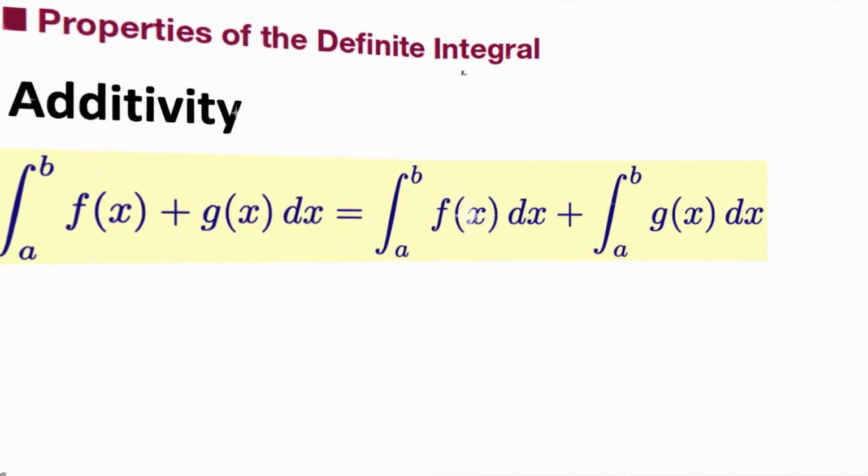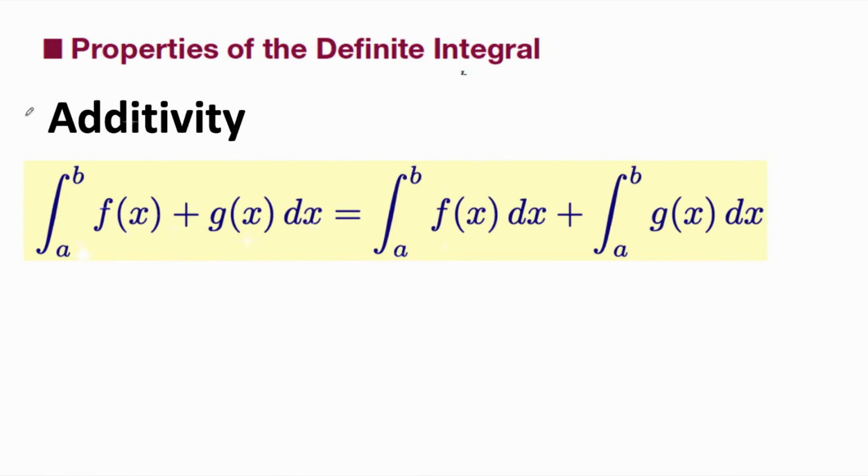Integration is also an additive operation. This means that if I want to integrate a function which is a sum of two functions, that would be the same as integrating the first function and then the second one. So for example, take the integral from 0 to 1 and take two functions.